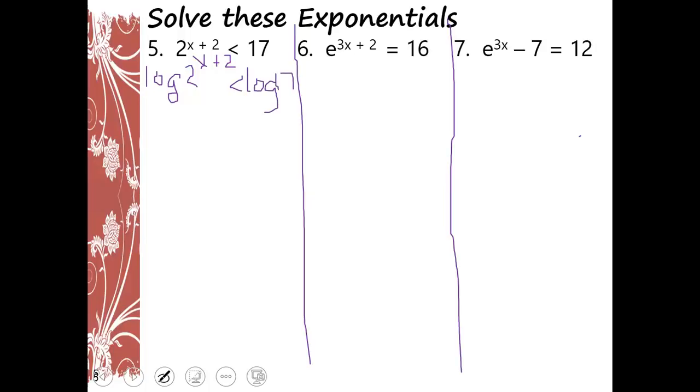So I have log base 10 of 2 to the x plus 2 is less than log base 10 of 17. I move my exponent forward. Notice that I put parentheses around that x plus 2. And now I'm going to divide both sides by log 2.